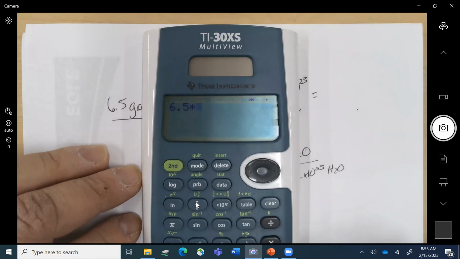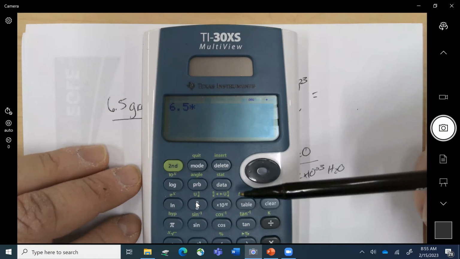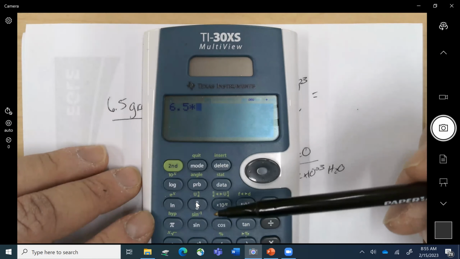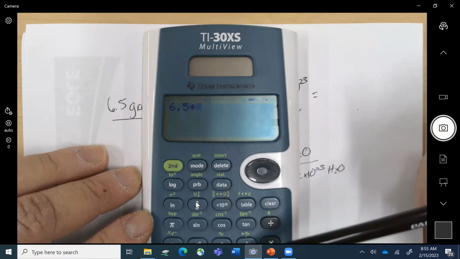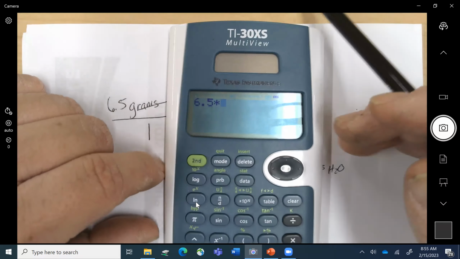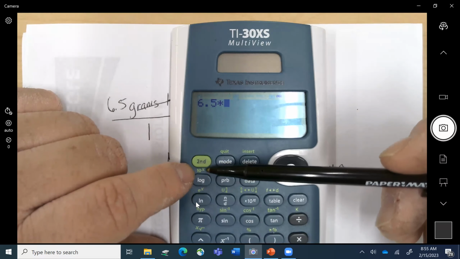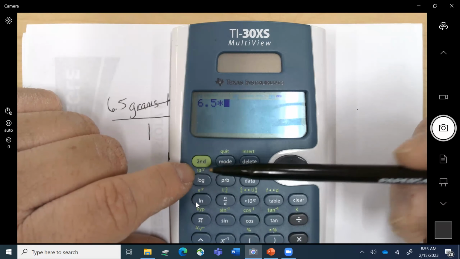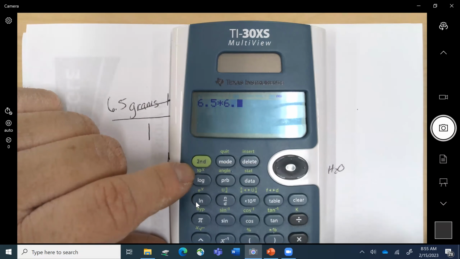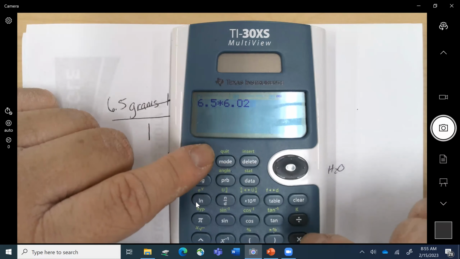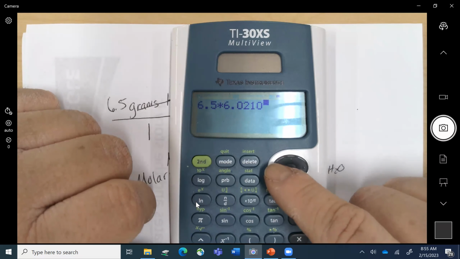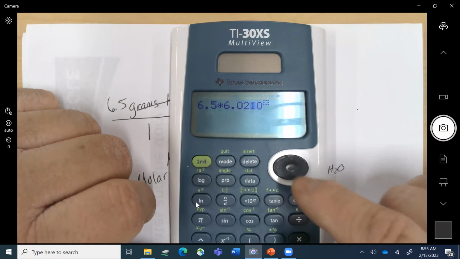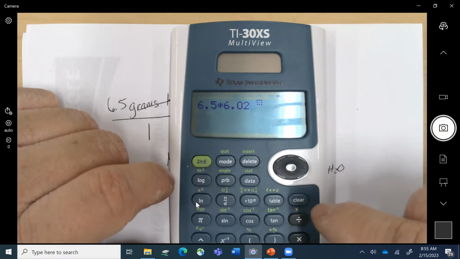And then you're going to look for either a button that says EE, or a 10 times button like this. See where it says 10x here? So you would type 6.02, and then on this calculator, hit second, and that, oh, why did it? I really have to do that on this one.